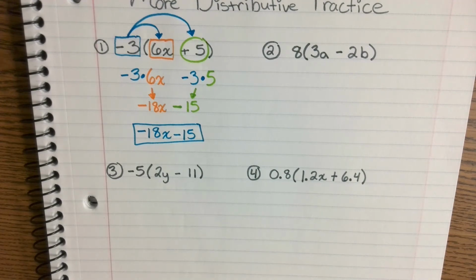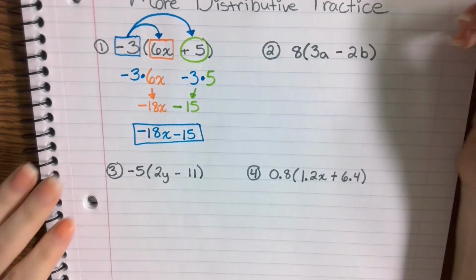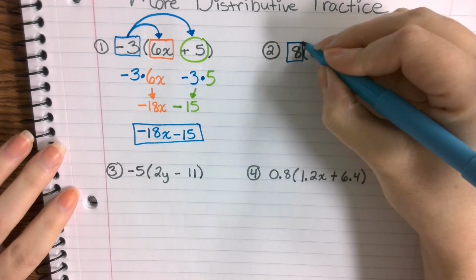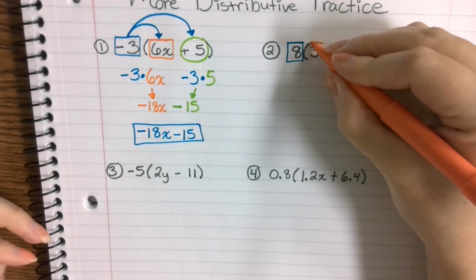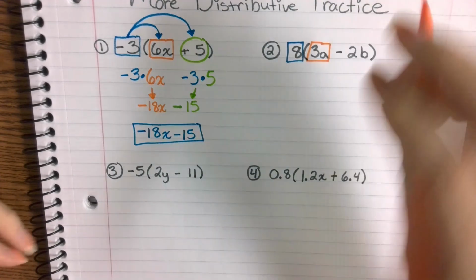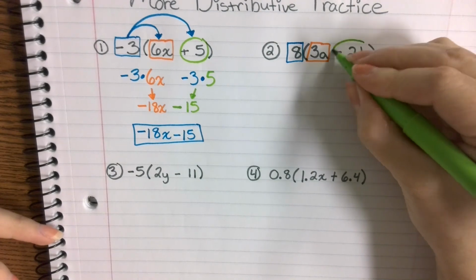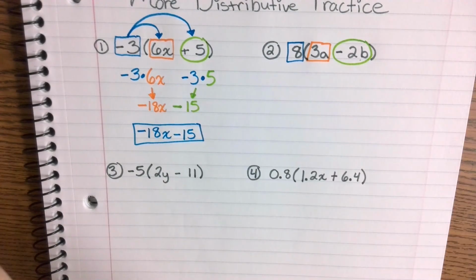All right, let's go ahead and go over this. So for here, I want to be able to go on so that we can get to the activity for today. So here's what we're doing. We're taking that 8 and we're going to multiply it to the 3a and to the negative 2b. That minus is going to act like a negative sign.